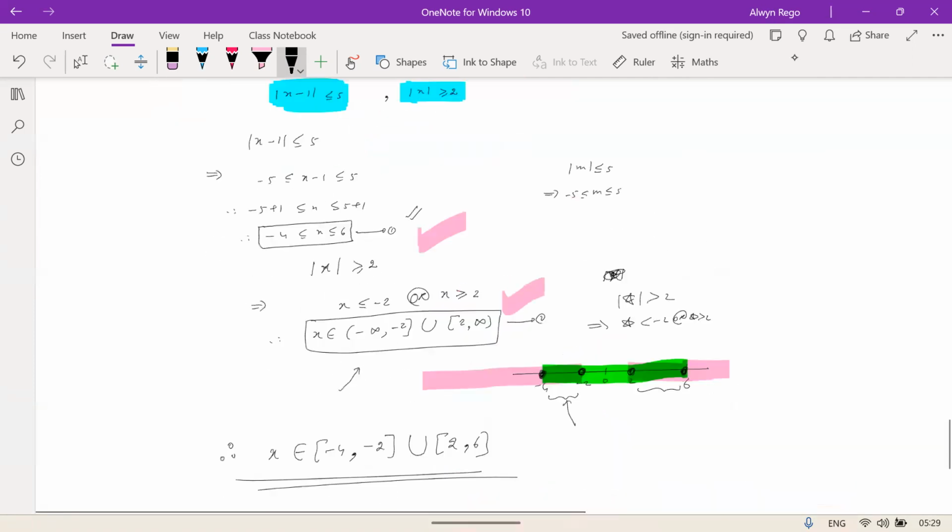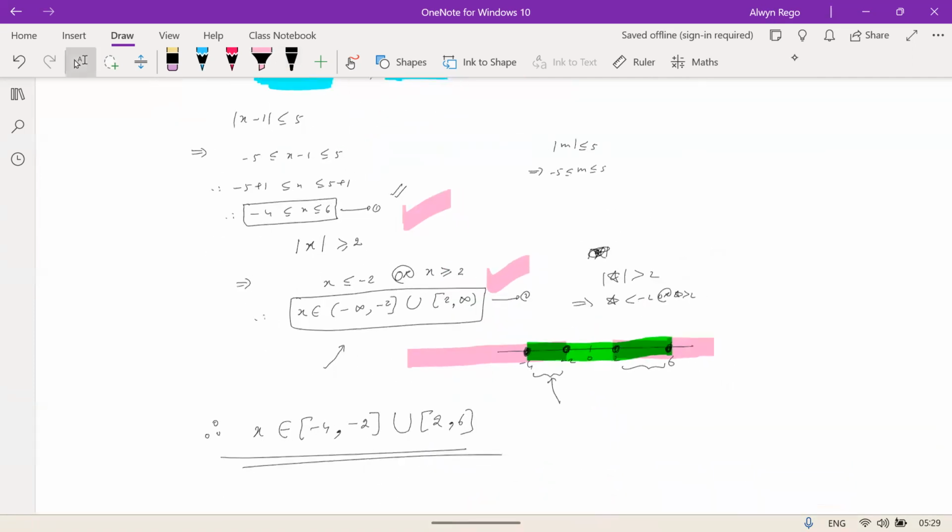So this is how you respect a system of inequalities. If you impose this condition, this condition, this condition, then satisfying all the conditions, what is the value which satisfies all of them, that's the situation. So that's the meaning of a system.